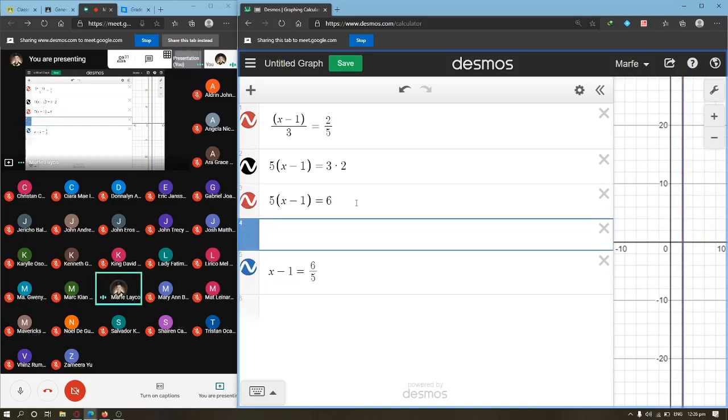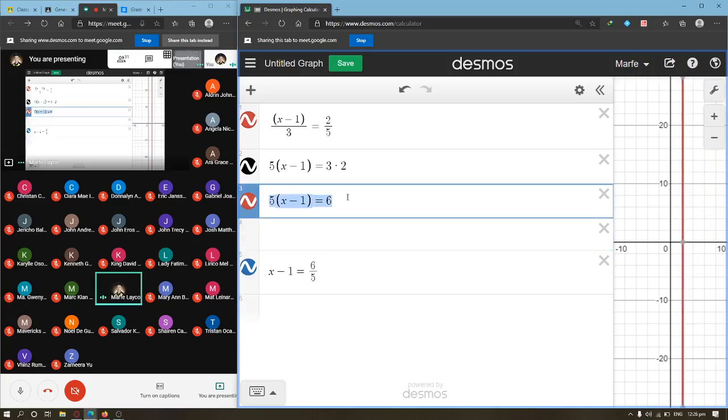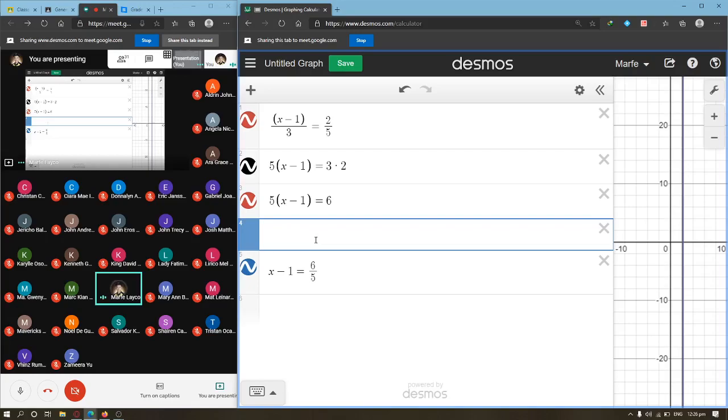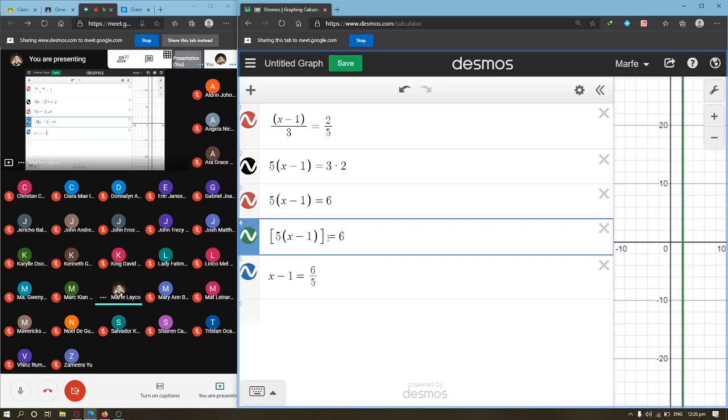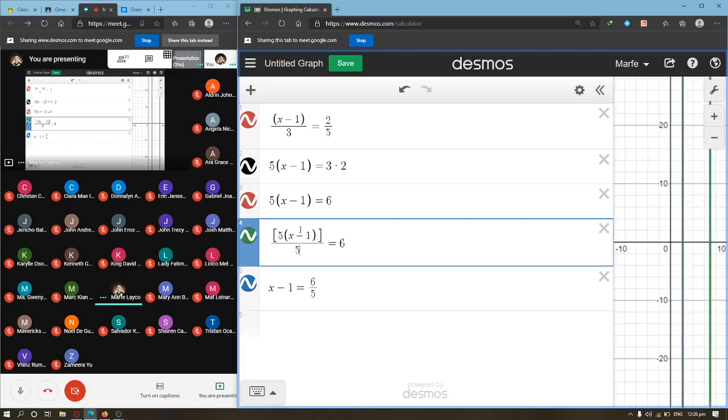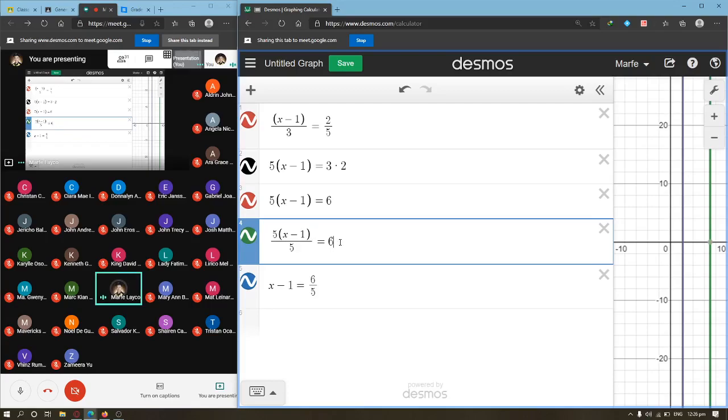So, ano yung long version niyan? Ganito. Ito, dinidivide natin by 5. And then, ito rin, dinidivide natin by 5. So, kapag ganyan, makakancel lang yung 5 sa left side. Kaya, ang matitira, x minus 1, tapos 6 over 5.